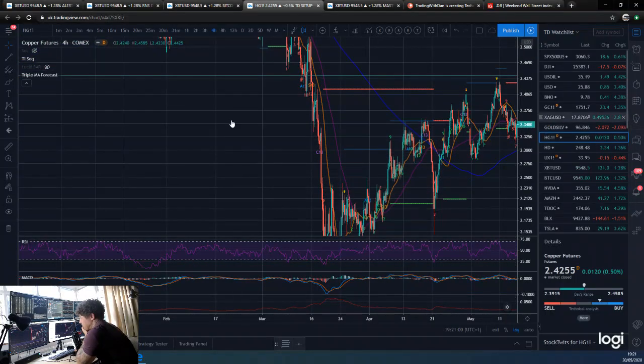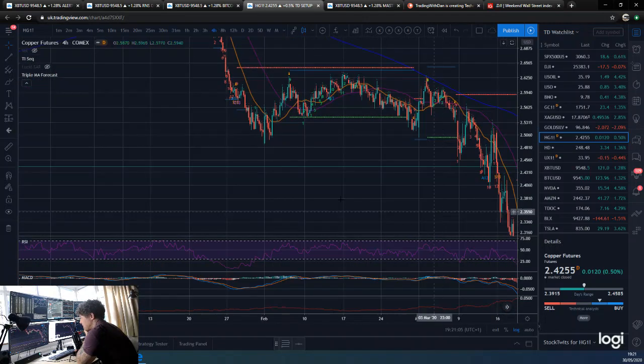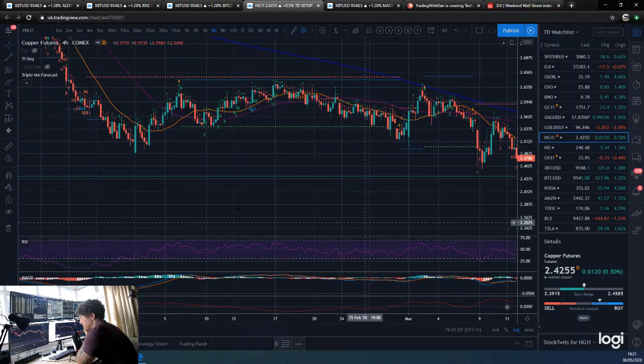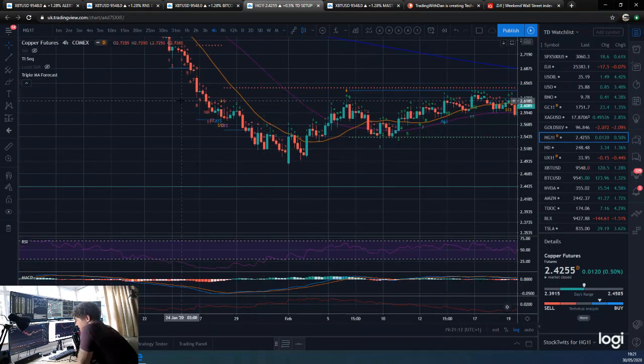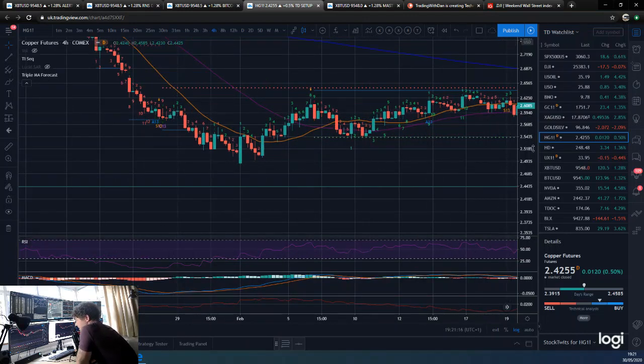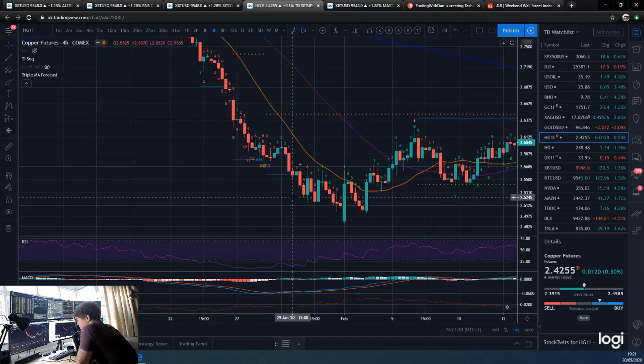So this is the 4-hour chart. I was zoomed out there, so we're going to zoom in, and we'll start here, on this 9 here. So obviously we have this 9 candle, and we've had quite a nice move down, so we're potentially looking to time a retracement and move back up.